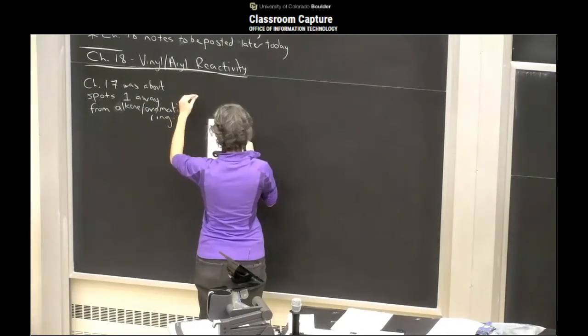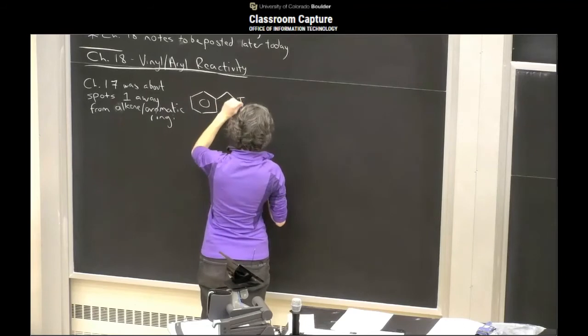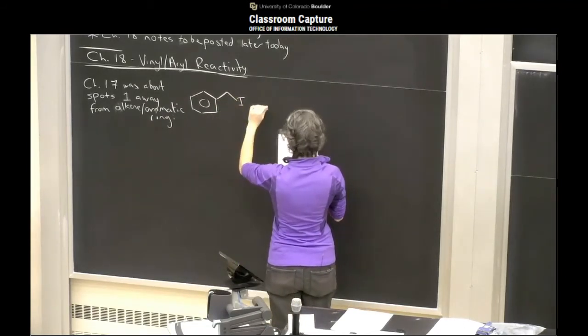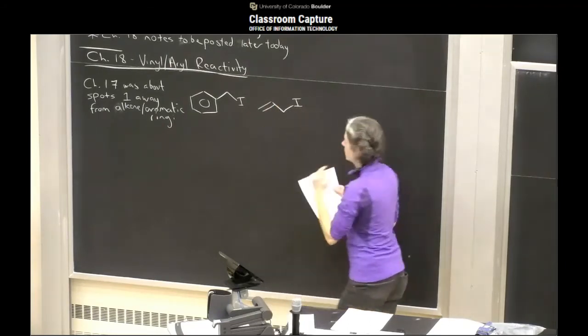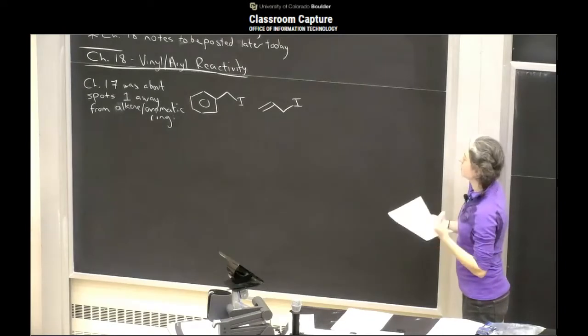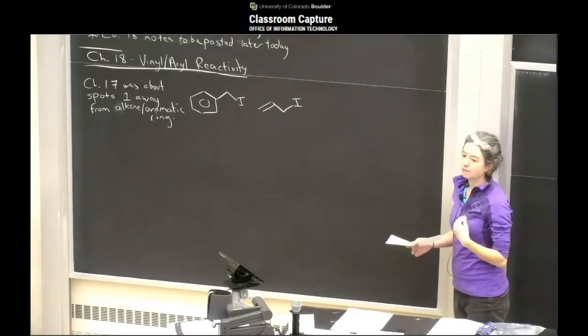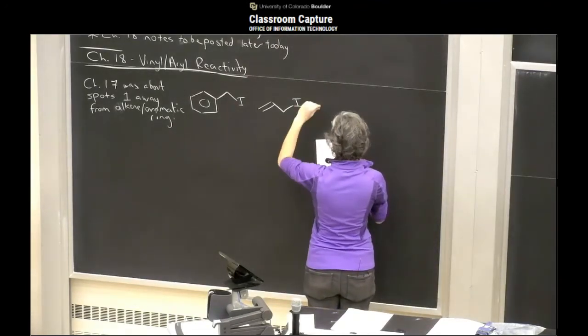So Chapter 17, we're looking at stuff like this, so like benzyl iodide or allyl iodide. And the common theme we saw there was that pretty much any reaction you want to do at those locations is going to be a lot faster than it would be without that ring or that double bond.